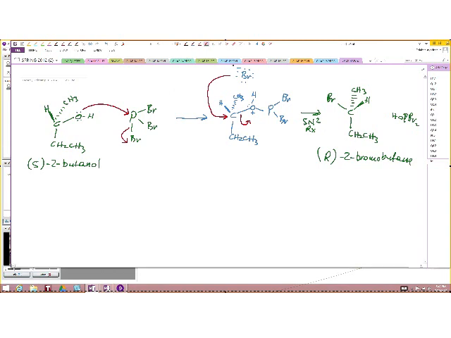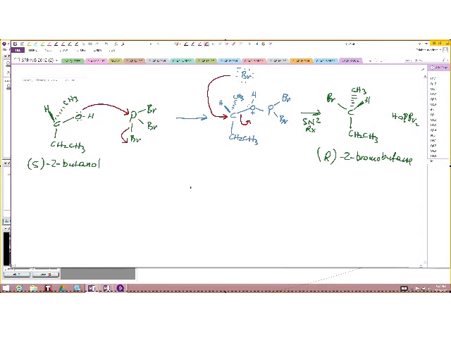Well, don't forget, when the bromine attacks this carbon, all of this here will be pushed to the other side, and that's what we have here. Okay? If you work out the absolute configuration on this carbon, it will be R. And that is an SN2 reaction.